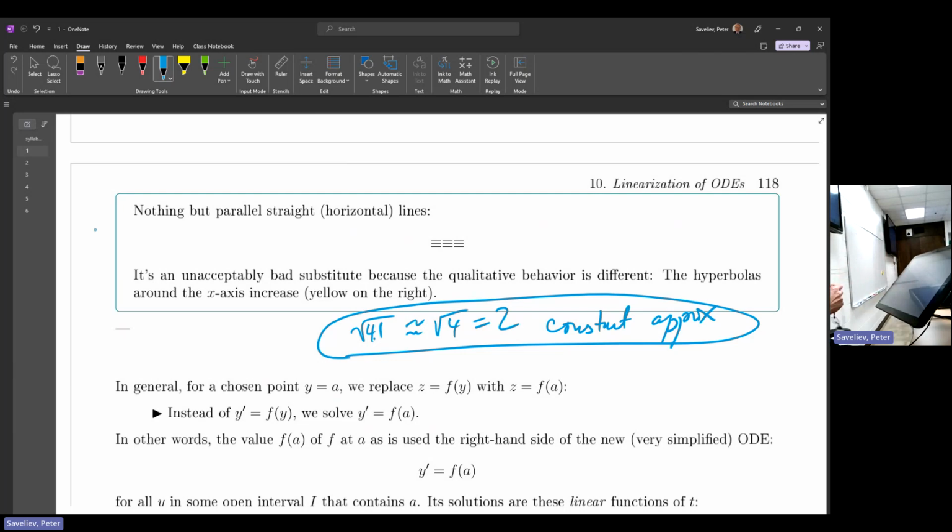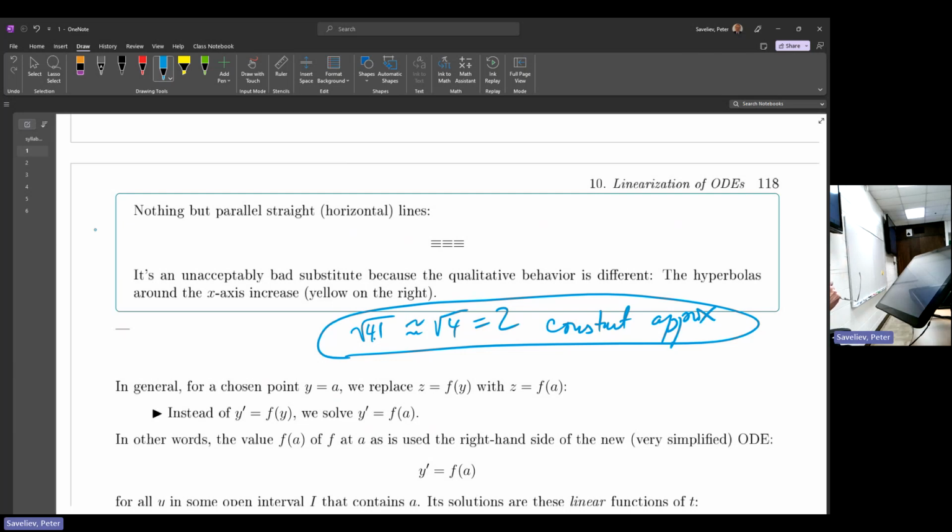So that's constant, literally. If you are looking for a more accurate approximation, then instead of constant approximation, you do linear approximation. That's where you need the tangent line. That's roughly how one would design a calculator. How do you design a button on the calculator that has square root on it?